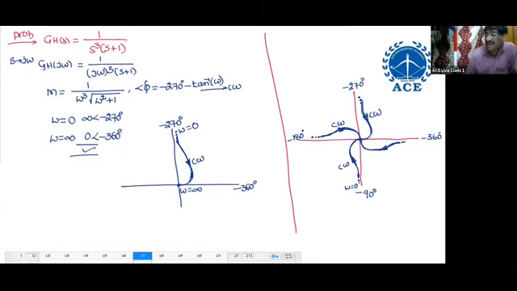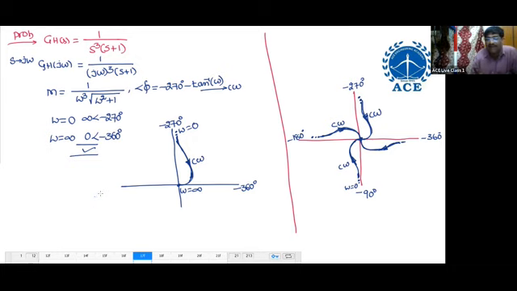That means even for 2 or 3 transfer functions, you will get the same polar plot. For example, the same polar plot for 1 by s into minus s minus 1. So we cannot identify which transfer function the polar plot belongs to.